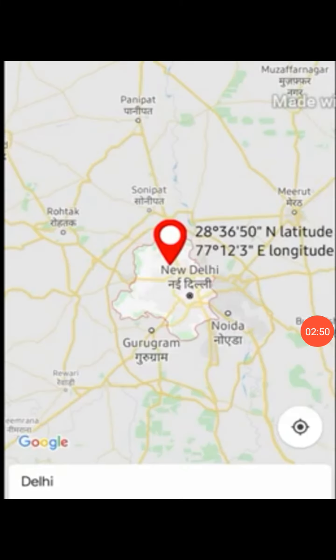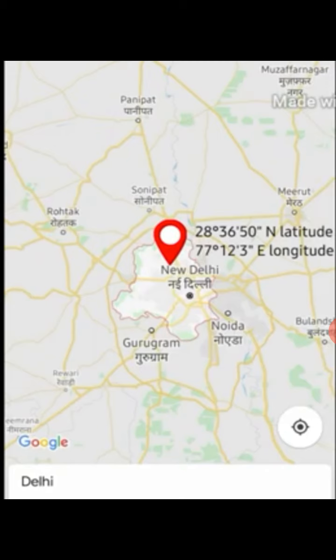So students, while describing the location of a place, we need to consider one parallel and one meridian. Again, I am repeating, for describing the location of a place, we need to consider one parallel and one meridian. How many parallel lines do we have to take? One. And how many meridian lines? Only one parallel and one meridian.